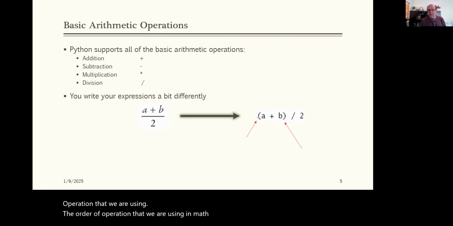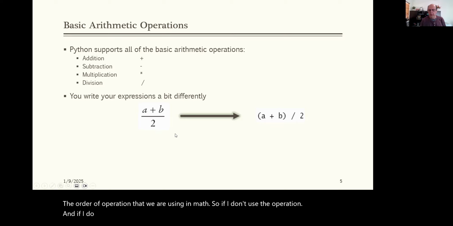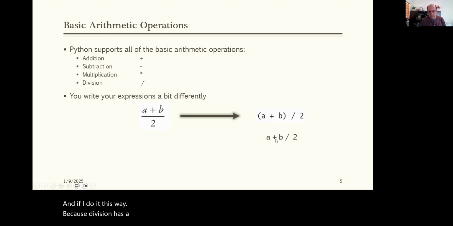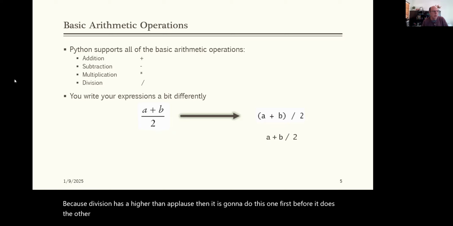If I don't use the parentheses and do it this way, because division has a higher precedence than plus, it is going to do the division first, and then it's going to add a to it.